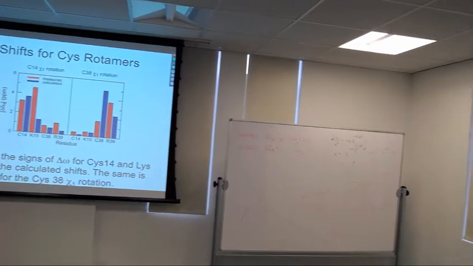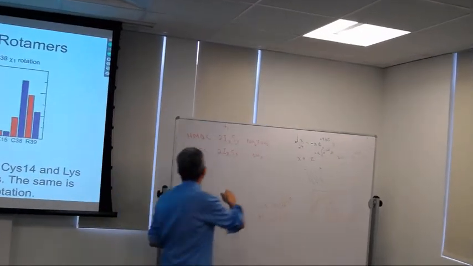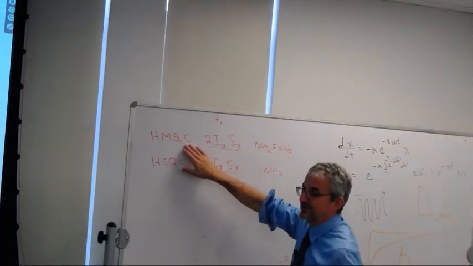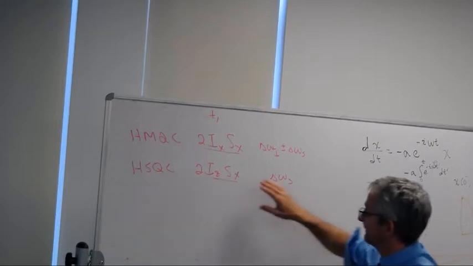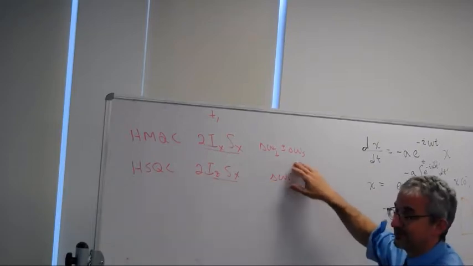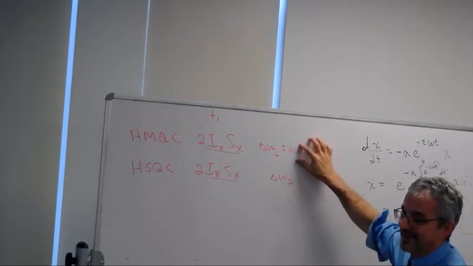But then the shifts will be different in the HMQC experiment than the HSQC experiment. So a comparison of the peak positions in these two experiments can help decide what the sign of delta omega S is.